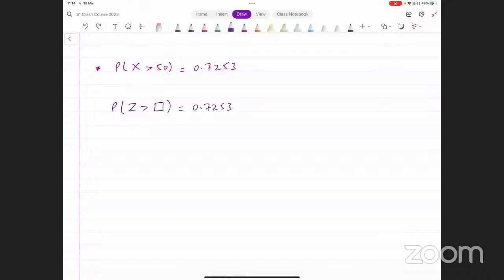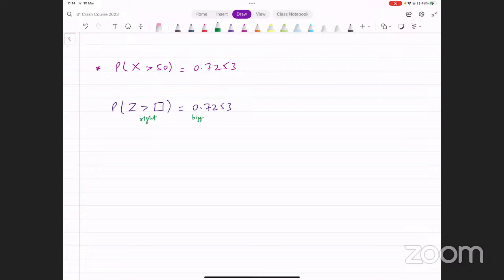Now, the first thing we do, as usual, is figure out whether z is positive or negative. So what do we understand from this? This greater than sign is telling us area to the right of this value of z is 0.7253. 0.7253 is bigger than 0.5.